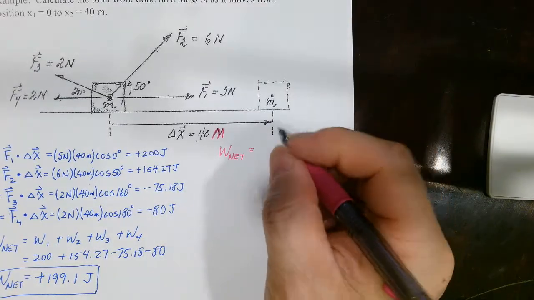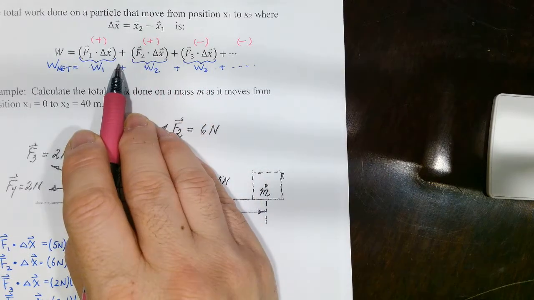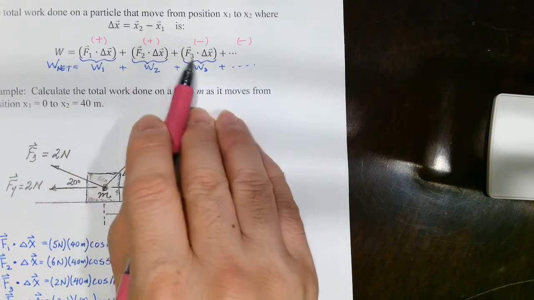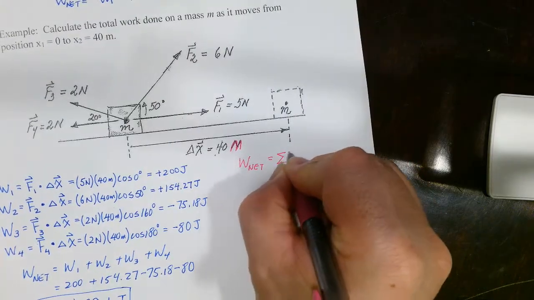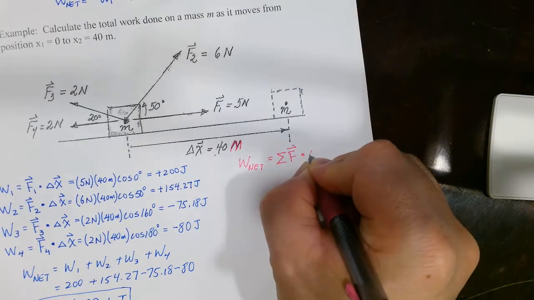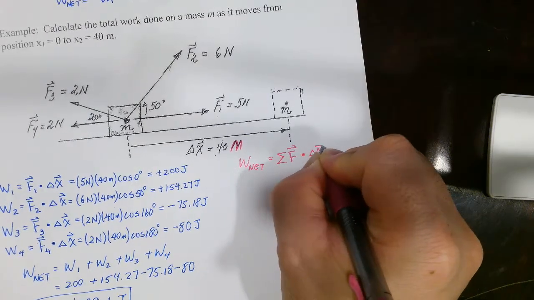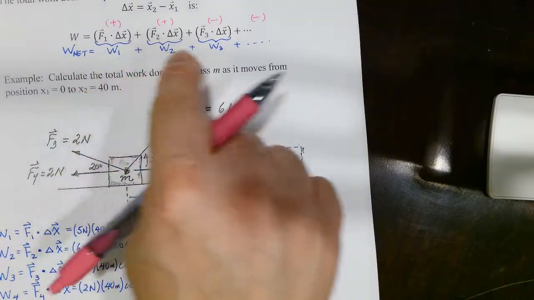If I were to factor out the delta x in all this and add up all my forces first, that's nothing more than net force dot delta x. The net force is adding up all the forces first.